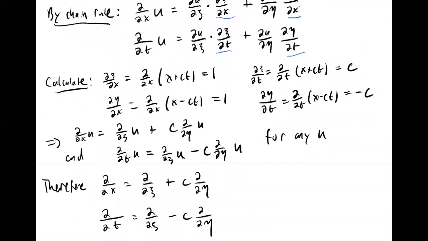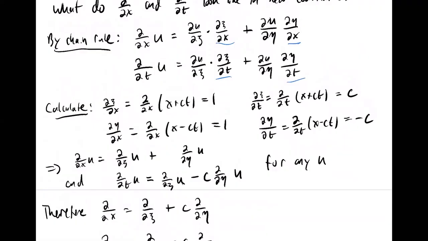Oh, excuse me. I just realized I made an algebra mistake here. When I looked at the derivative with respect to x, remember d eta dx was just 1. So this should have been a 1. And then there should be a c in front here, because d xi dt was equal to c, and d eta dt was equal to minus c.